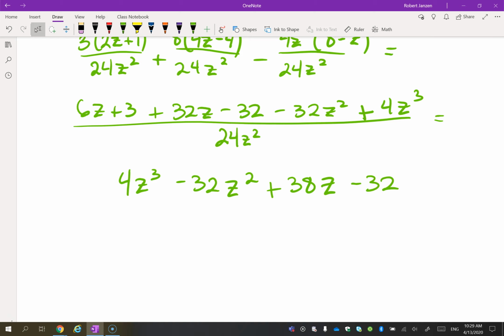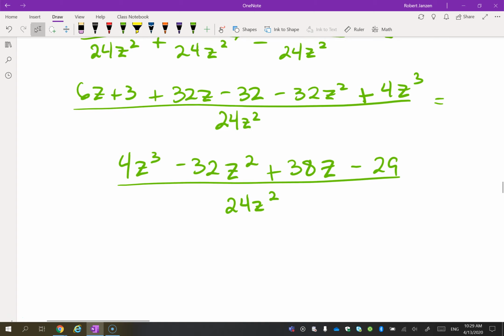Is that right? Oh, no, not 32. 35. 29. Okay, and divide by 24z squared. Alright, and I see there, because this is an odd number, I can't divide anything by 2. I don't think anything else can be simplified there.